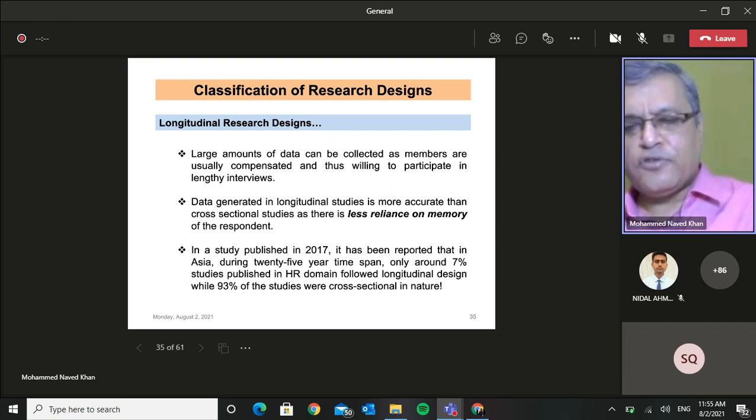So it's related to some FMCG items, and you give me responses regarding items purchased, say, 2 weeks back. There is a possibility that you may be forgetting some of the issues which I'm trying to probe using the questionnaire.